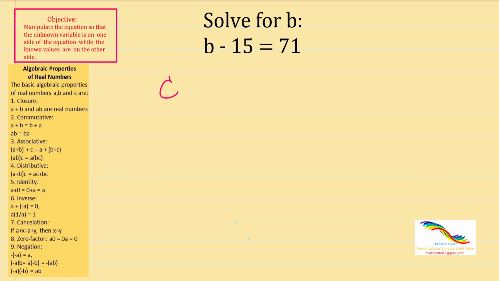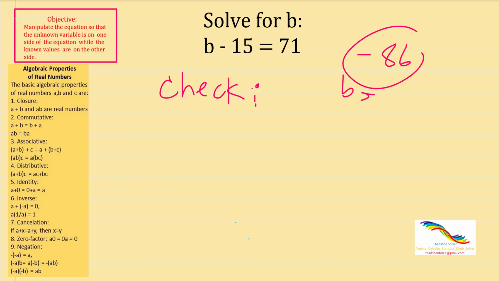So now we do some checking, right? Did we have 86 before? So we check. Did we get 86 for B? So to check, B minus 15, 71.